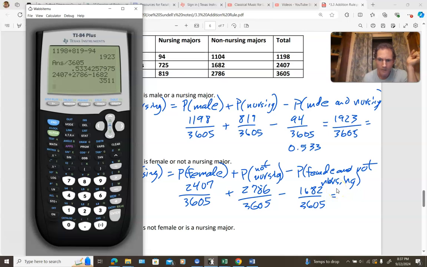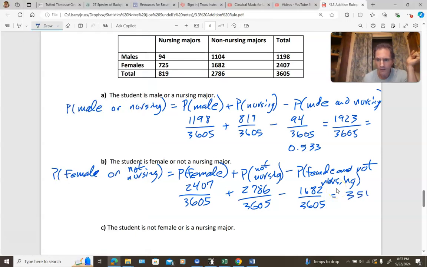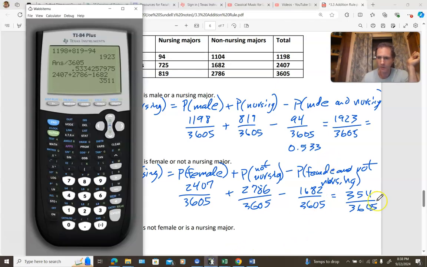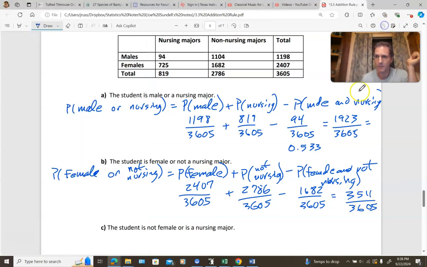Okay, so 3,511 out of 3,605. Let me also point out something, guys. If you were to ever get a numerator that's bigger than this denominator, then you've made a mistake somewhere, okay? And what I'm noticing in this one is that this is actually going to be very close to 1.